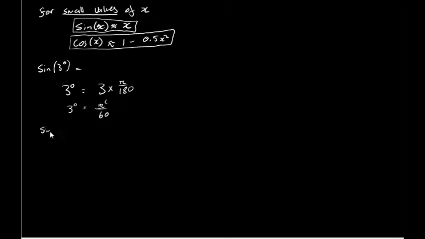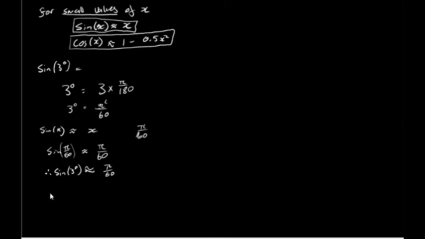And so sine of x is roughly equal to x for small values of x. So therefore, because pi on 60 is such a small value, we can say sine of pi on 60 is roughly equal to pi on 60. So therefore, sine of 3 degrees is roughly pi on 60.